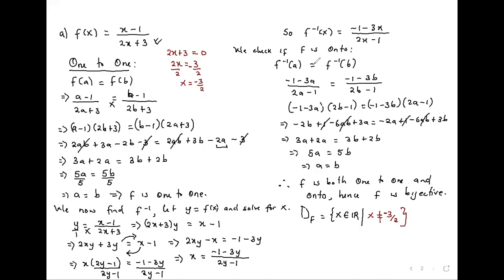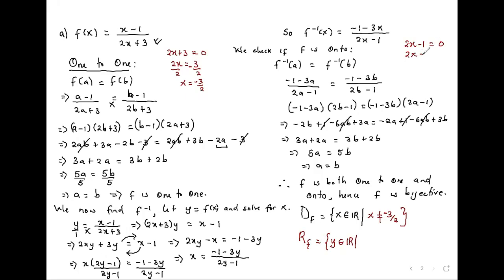Okay, good. Then now we go for the range. The range of F, we are saying Y, a real number, such that we now go for the inverse. 2x minus 1, and equate it to 0.